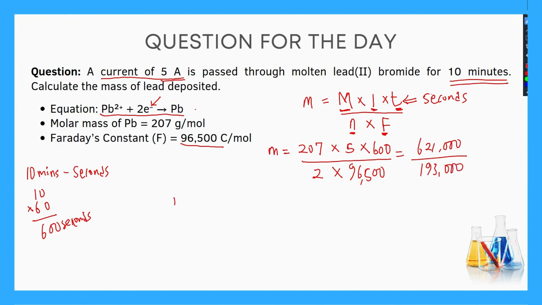So our M will be equal to, when you do this division using a calculator, 621,000 divided by 193,000. That gives us 3.22 grams of lead deposited.